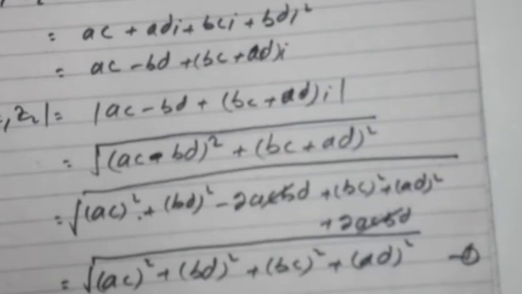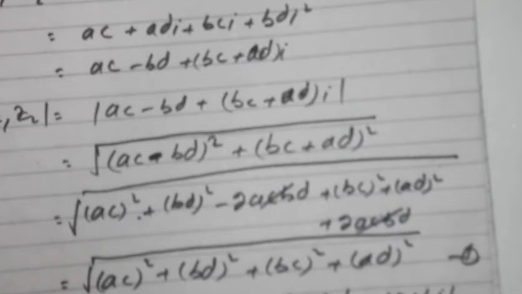Now take the right hand side. For this we will find first z1 absolute, which equals square root of a square plus b square, and z2 absolute, which equals square root of c square plus d square. I write it directly, or you can write it like this: z1 absolute equals a plus b iota absolute and then square root of a square plus b square.